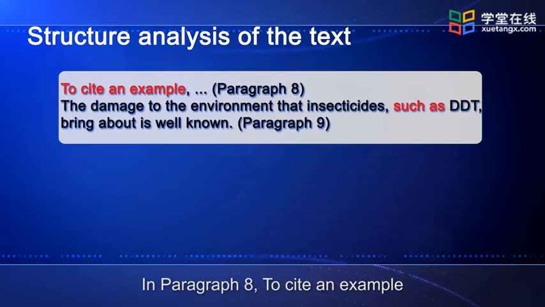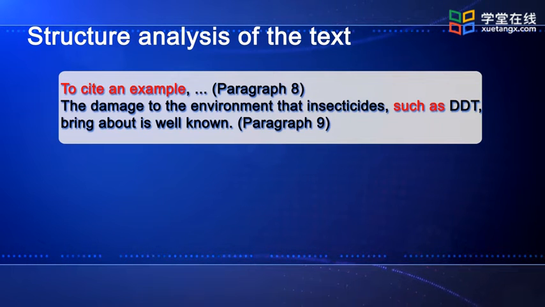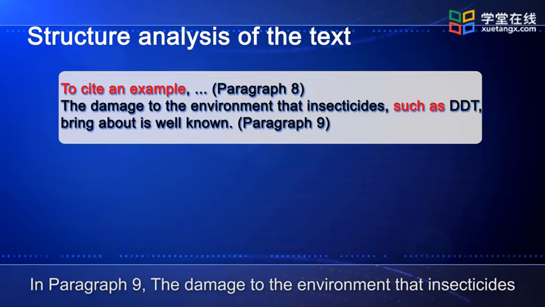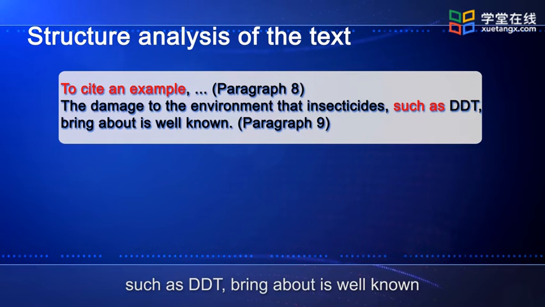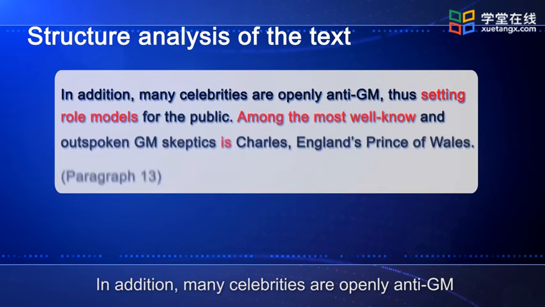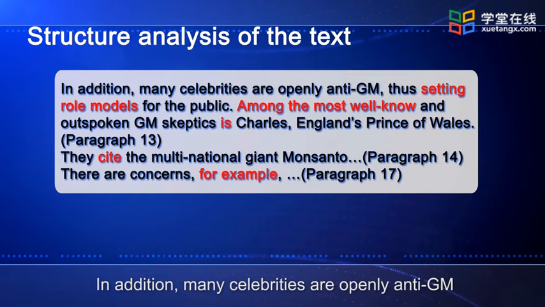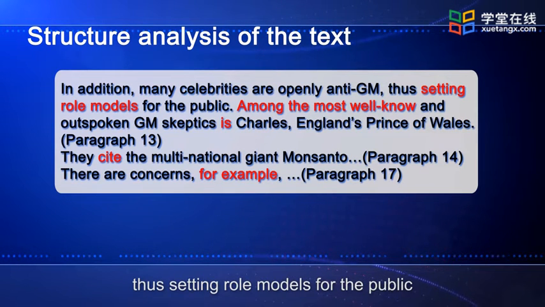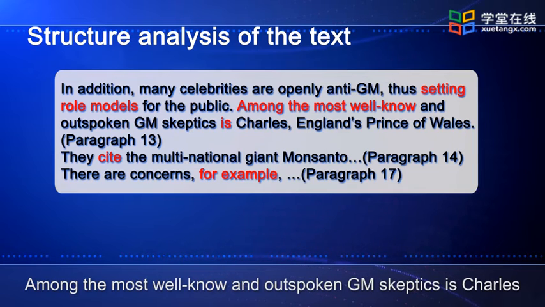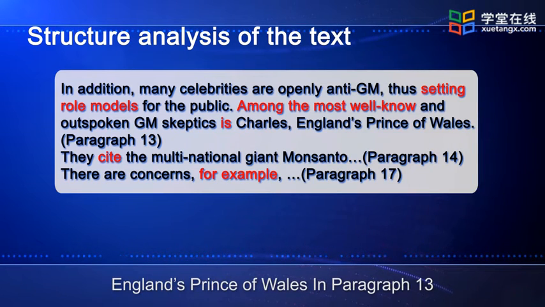In paragraph 8, to set an example. In paragraph 9, the damage to the environment that insecticides such as DDT bring about is well known. In addition, many celebrities are openly anti-GM, thus setting a role model for the public. Among the most well-known and outspoken GM skeptics is Charles, England's Prince of Wales, in paragraph 13.